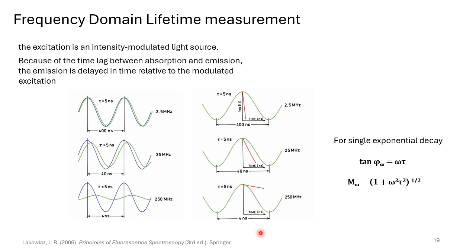Now, if we change our modulation from 25 megahertz to 250 megahertz, the cycle becomes 4 nanoseconds. In this case, this lifetime is 5 nanoseconds, right? So now it is much more observable than in the previous conditions.